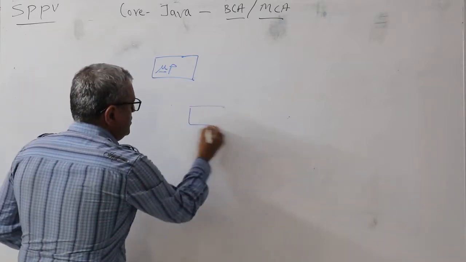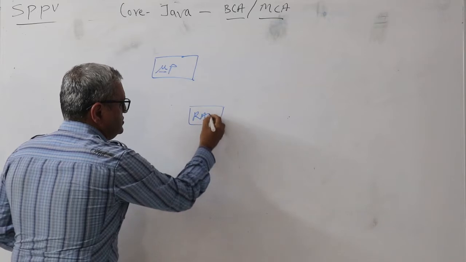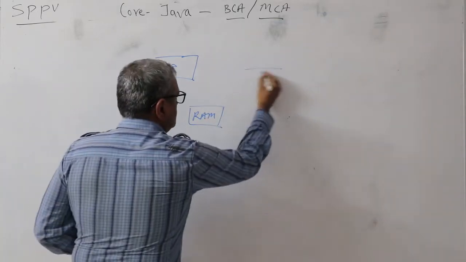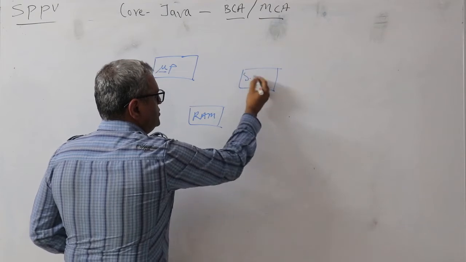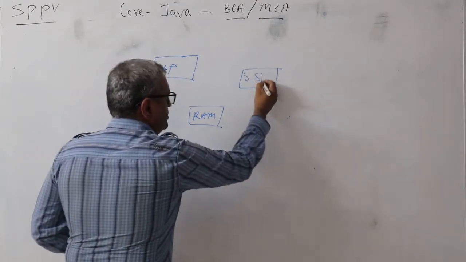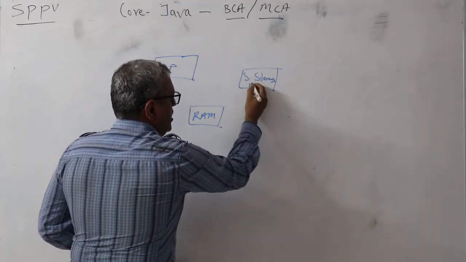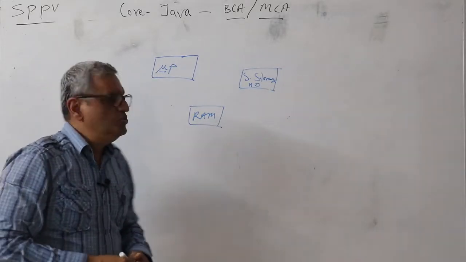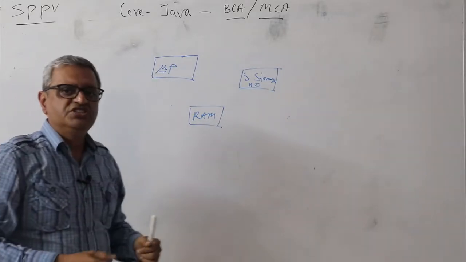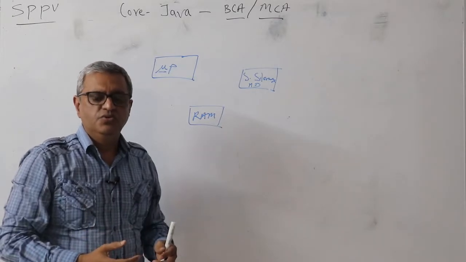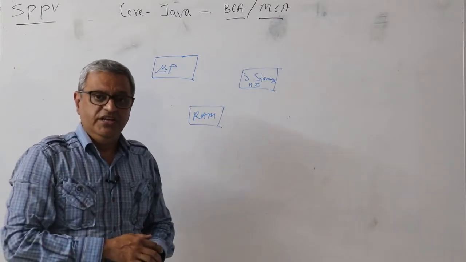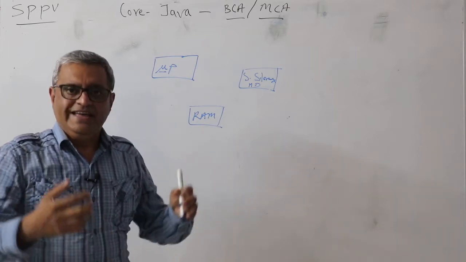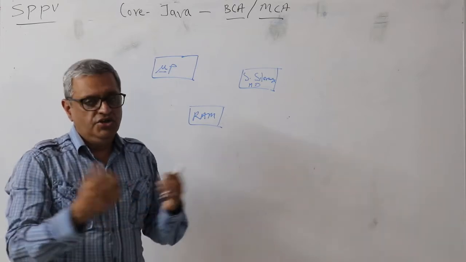Then we have RAM, which is nothing but random access memory, and the third component, which is also a very important component, is your secondary storage, which is nothing but your hard disk. These are the three components which interact with each other to give us a computing environment which, with the help of an operating system, can be used by a user.